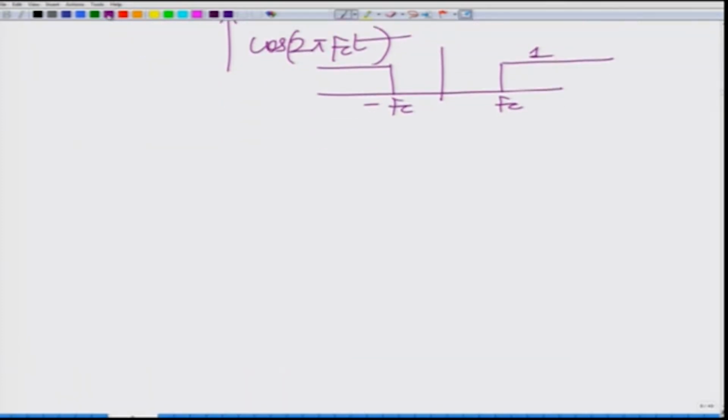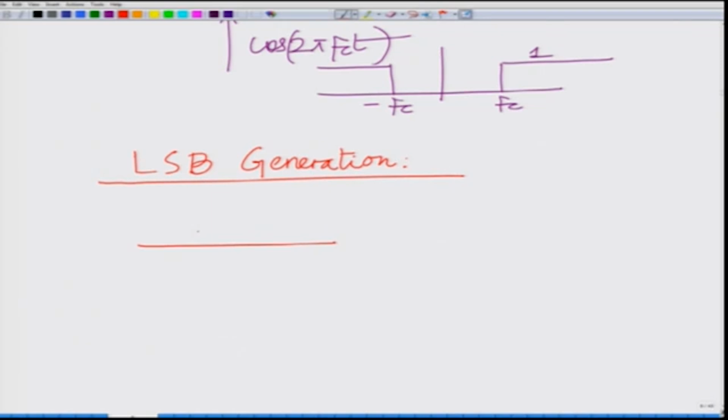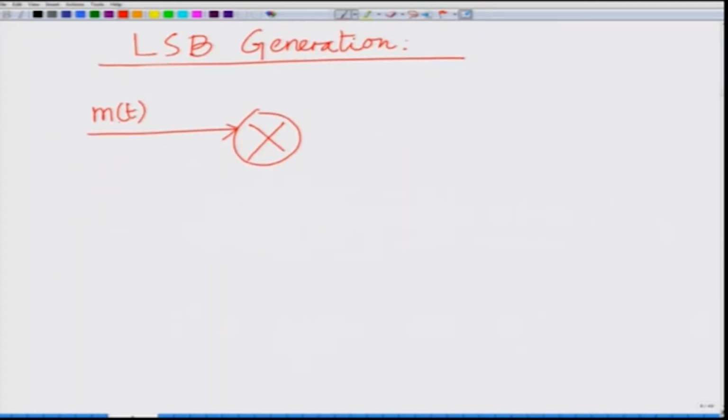Similarly, for LSB generation, I start once again with the same signal m(t). This step is similar for both LSB and USB. I modulate it with cosine 2 pi Fc t to generate x(t).